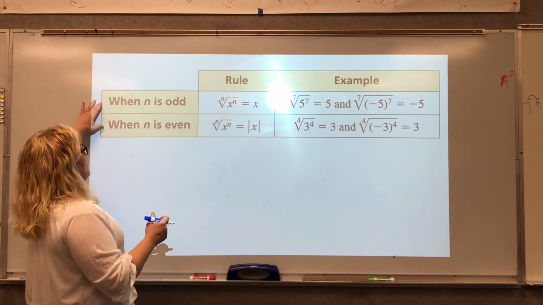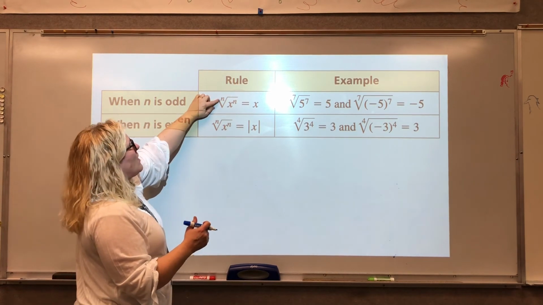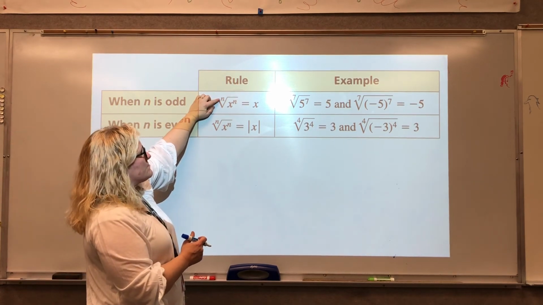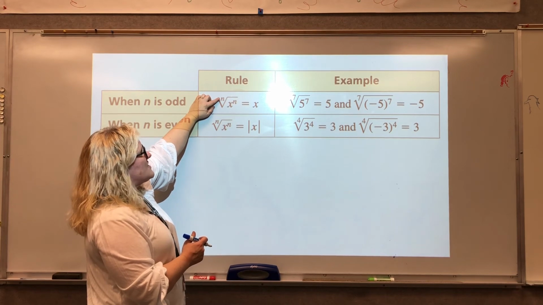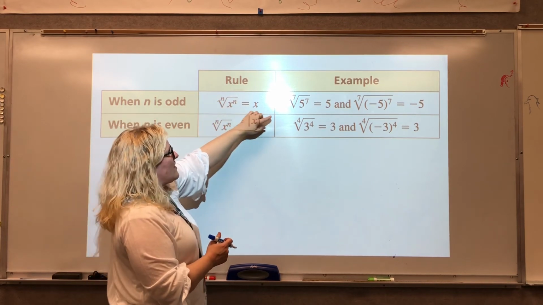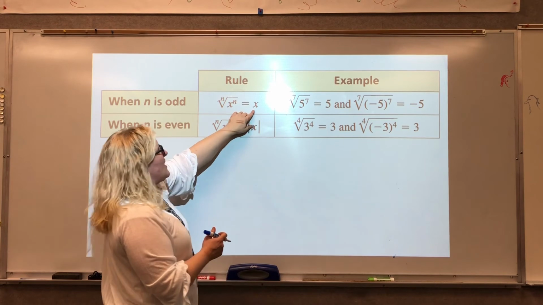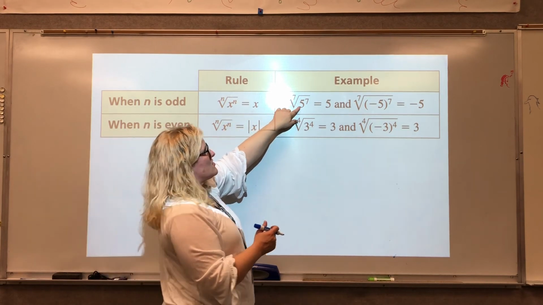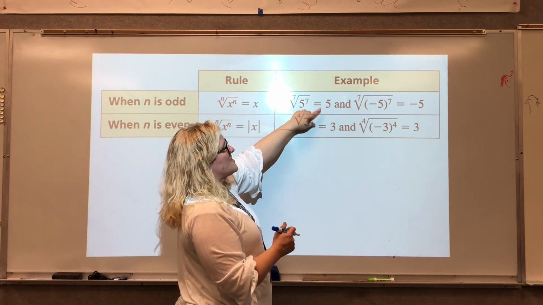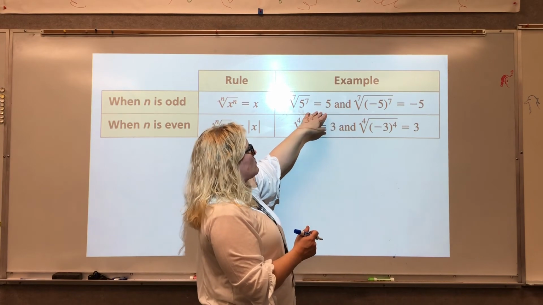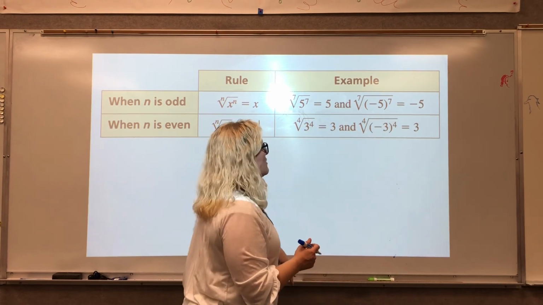Okay, when n is odd, when our index is odd, like this, then it equals x, right? So this is 7 to the 1/7 power equals 5, and so on.